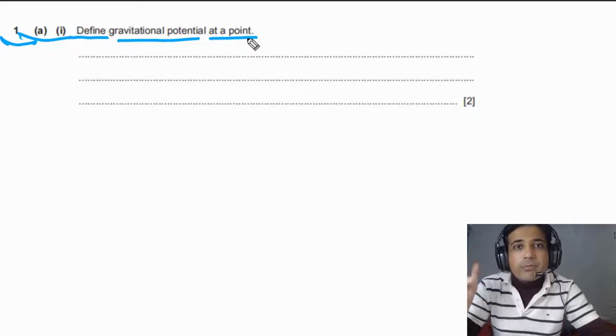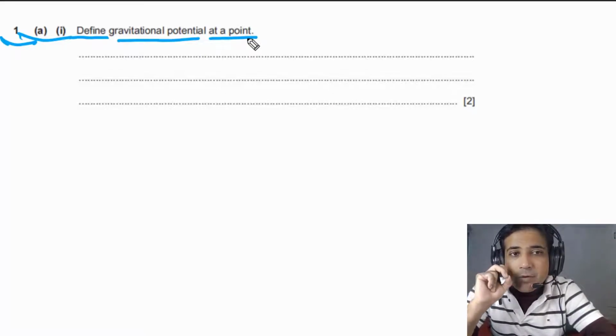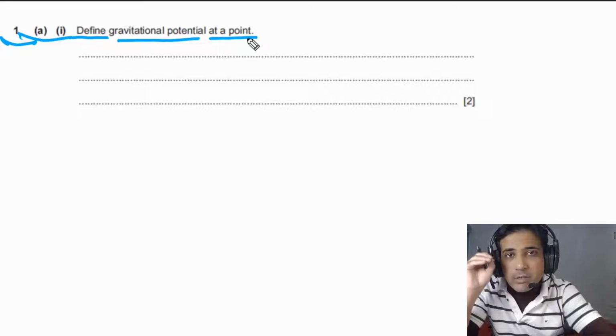But let me tell you, in physics, gravitational potential or electrical potential is not defined on its own. When we define gravitational potential or electrical potential, actually we are talking about potential difference, because we use a reference point. That's the reason gravitational potential is not defined, and also electrical potential is not defined in physics. When we define them, we take a reference point.